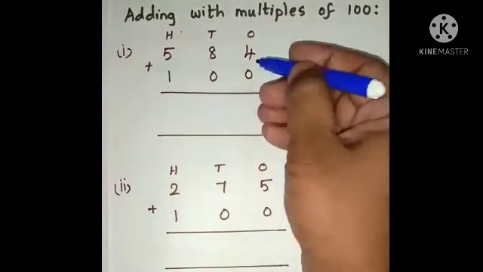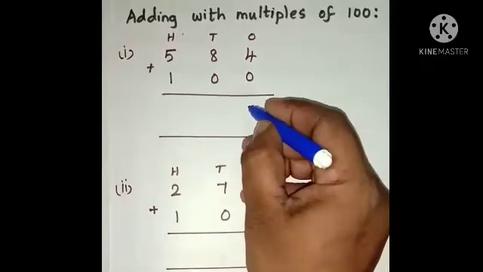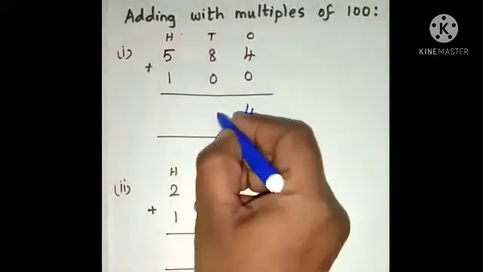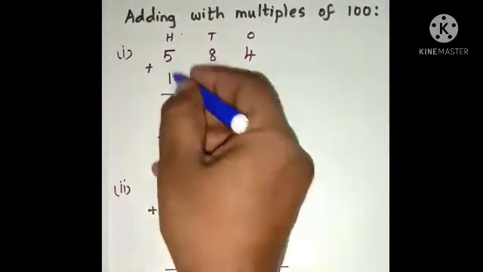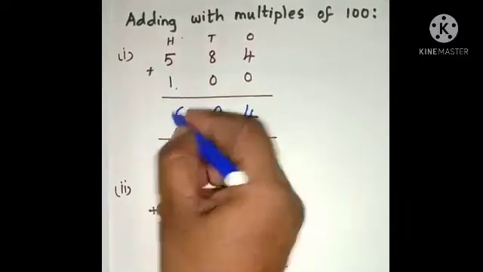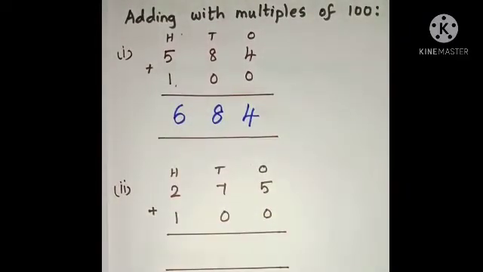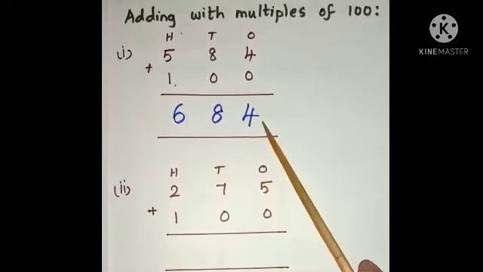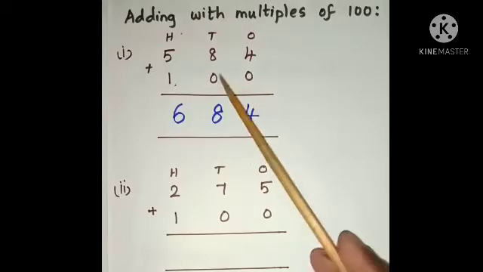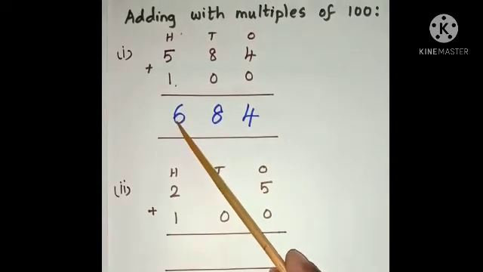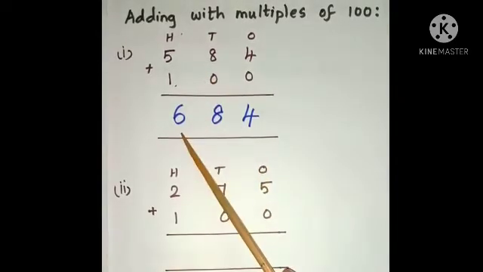Thus we get 4 plus 0, 4. 8 plus 0, 8. 5 plus 1 is 6. Hence, ones place and tens place didn't change when they are added to 0. But in the hundreds place, it is changed.